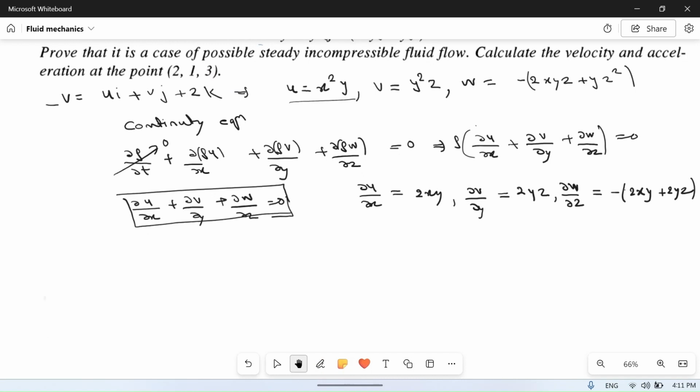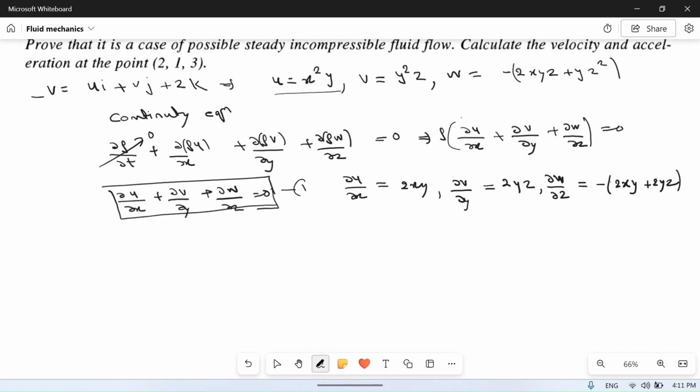If we put these values in equation number 1, we get ∂u/∂x is 2xy, plus ∂v/∂y is 2yz, plus ∂w/∂z is −2xy − 2yz. Here it is plus, but if we open the bracket, it becomes minus. So −2xy and +2xy become 0, and −2yz and +2yz also cancel, so it is equal to 0.